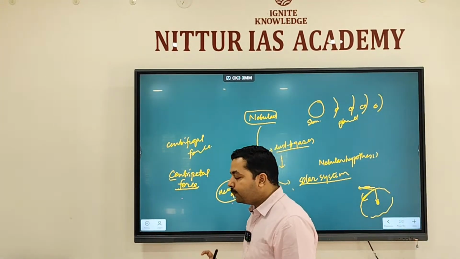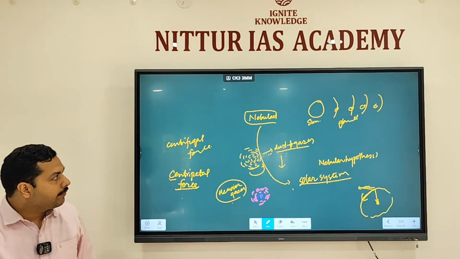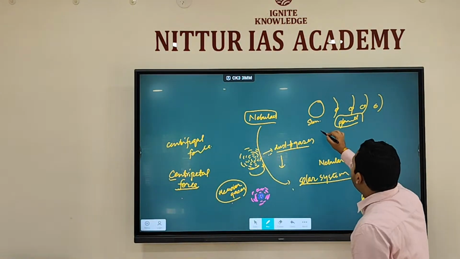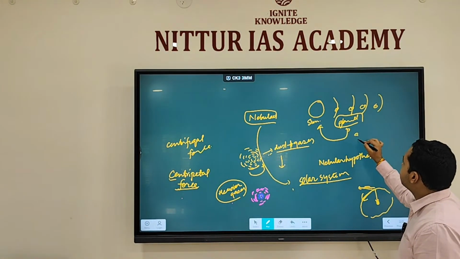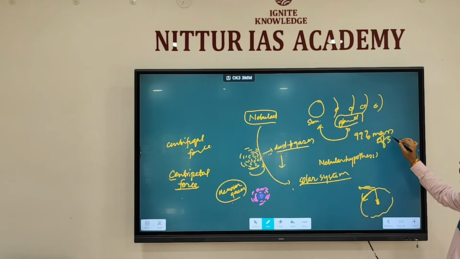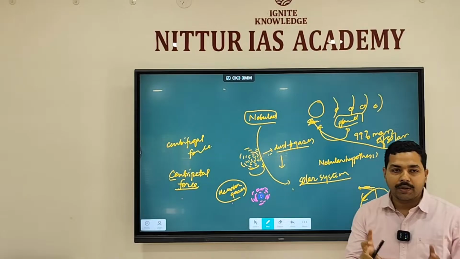Clear? Now another important part that you have to keep in mind is that 99% of the mass of our solar system is due to the sun.